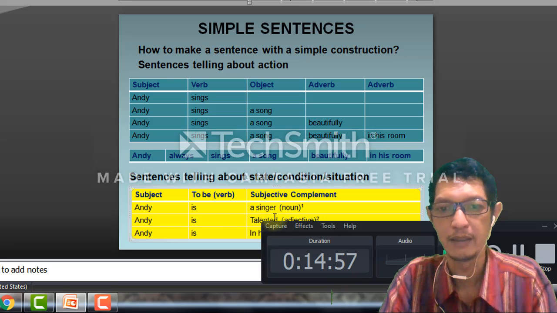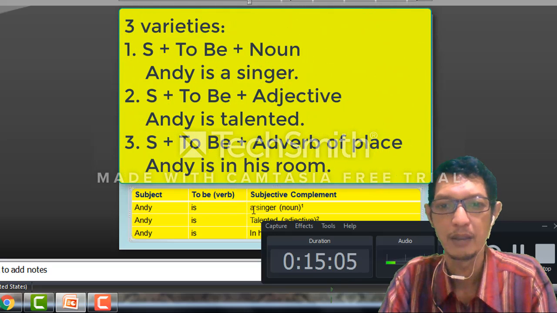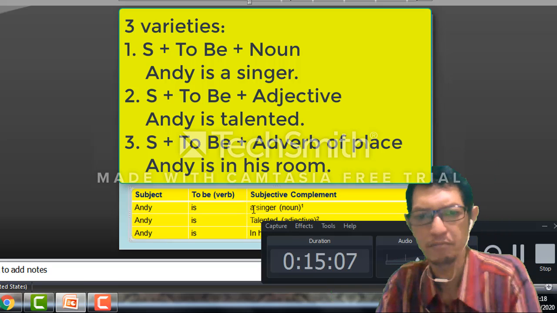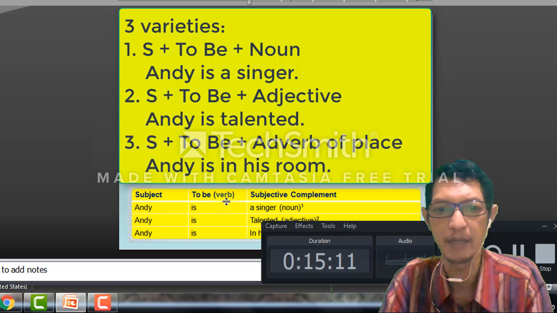Andy is a singer. You can see here a singer is a noun. So after to be, to make a complete sentence or to give information about Andy, you can use a noun after the verb to be.